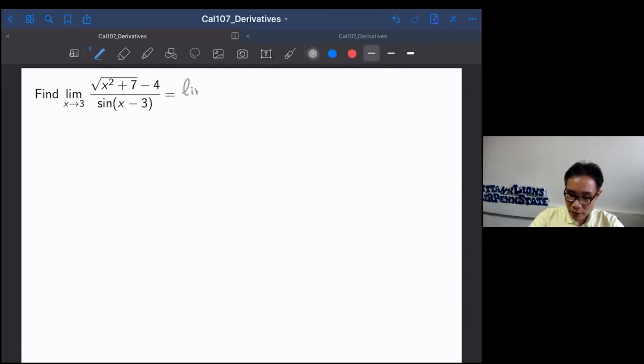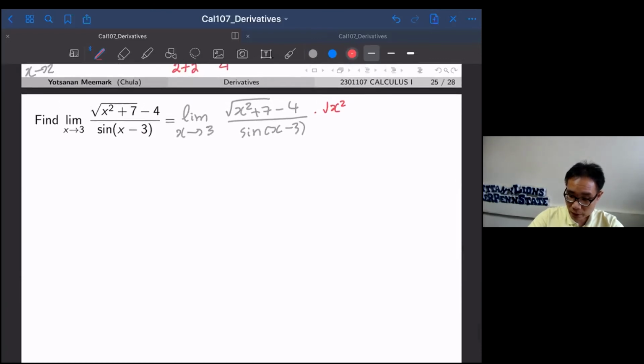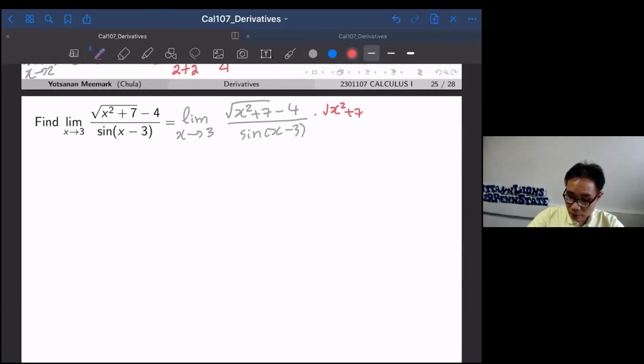So in this case, you have the limit as x goes to 3 of (square root of x squared plus 7 minus 4) over (sin x minus 3). You multiply by the conjugate: square root of x squared plus 7 plus 4 over square root of x squared plus 7 plus 4.